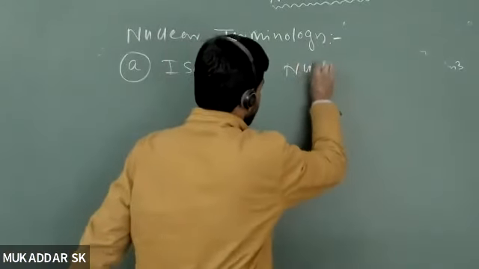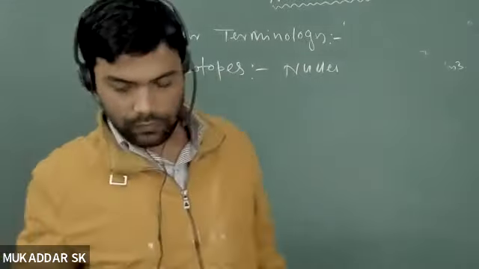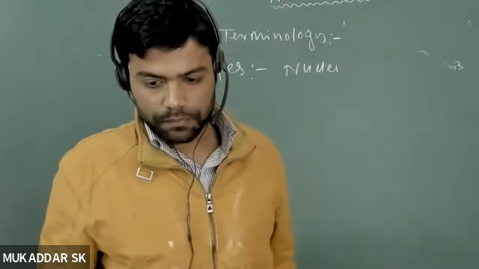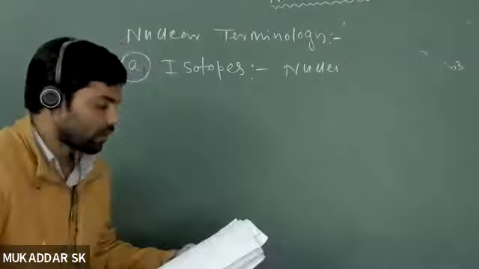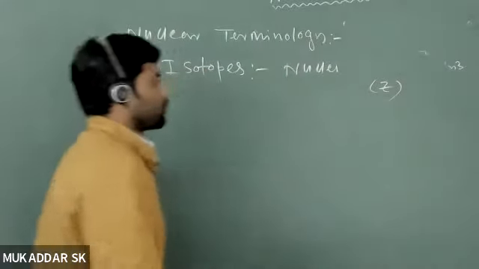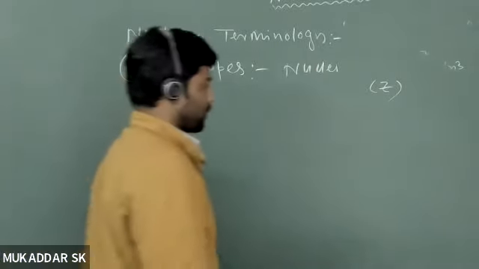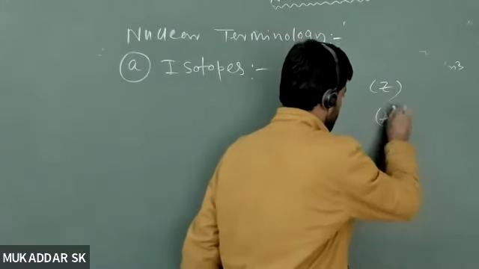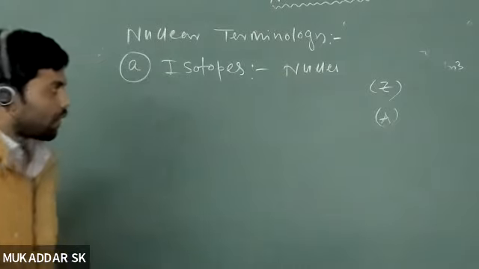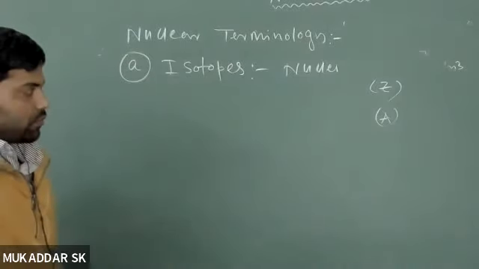Nuclei with same atomic number, write Z in brackets, but different mass number, write A in brackets after mass number, are called isotopes.